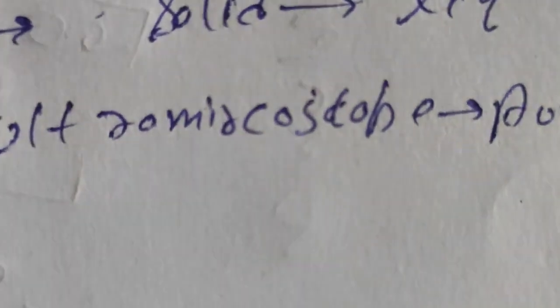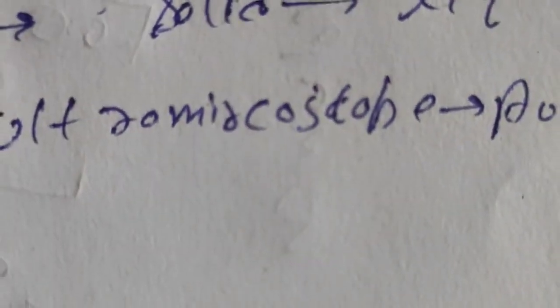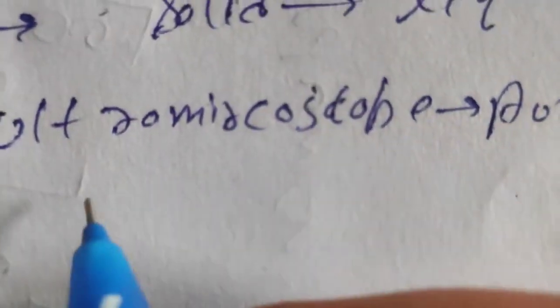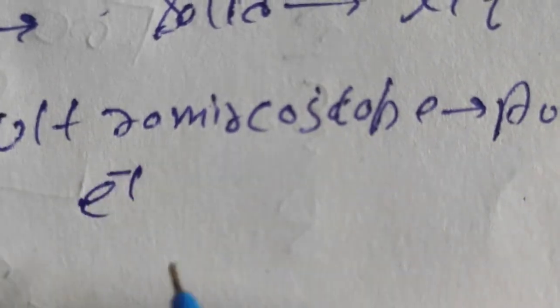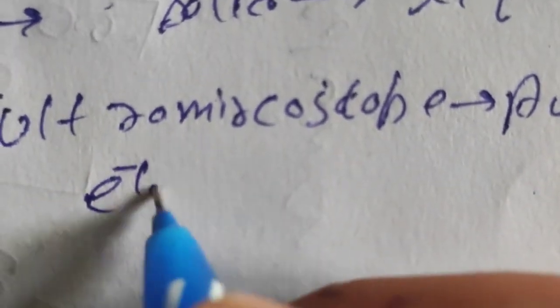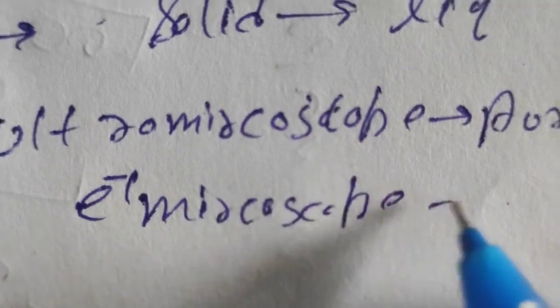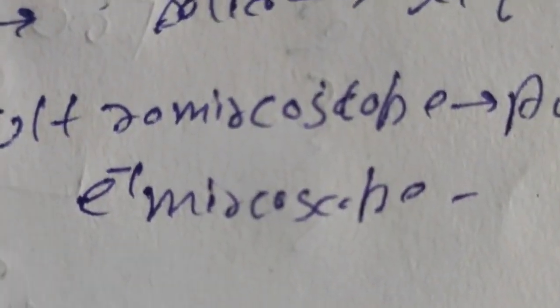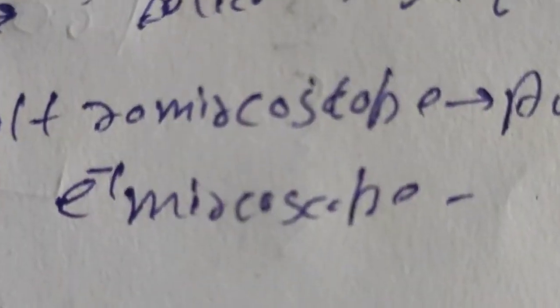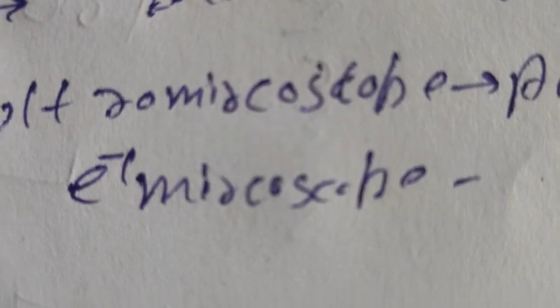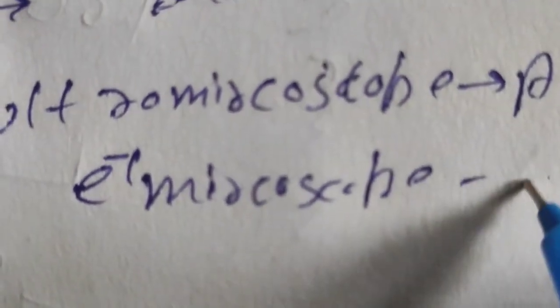For a clear picture of the shape of solid particles, we use an electron microscope. Basically, we bombard an electron beam on a film sheet, see the particles, and get their actual shape.